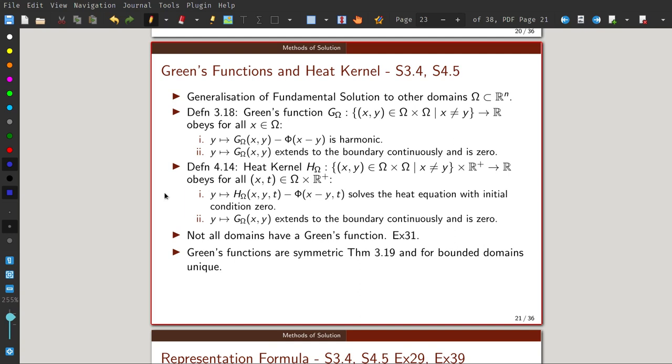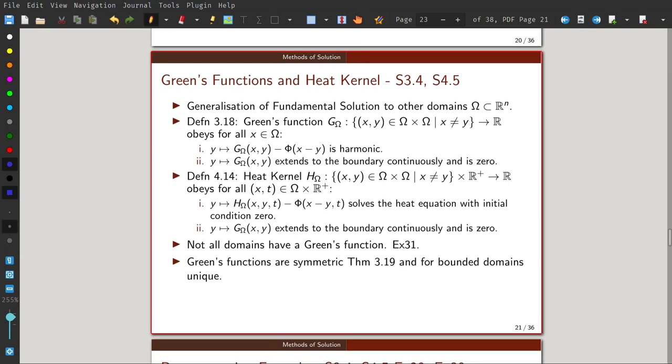Okay, so in that case, let's look at property 1 a little bit more. What is it really saying? It says the difference is harmonic, but what it's really saying is that G, the Green's function, should have a singularity like the fundamental solution when y is equal to x.